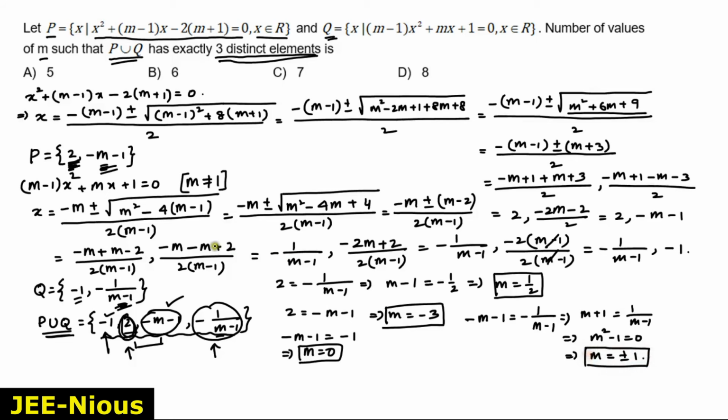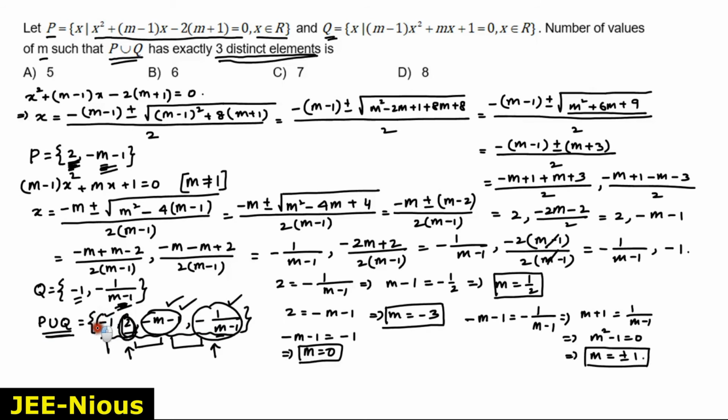For this case, if m is 1 or m is minus 1, in that case, this element and this element will become the same. So again, we have to choose one element out of these 2 because we are choosing a set. Identical elements cannot be placed in the same set. So out of these 2 elements, you have to choose one.